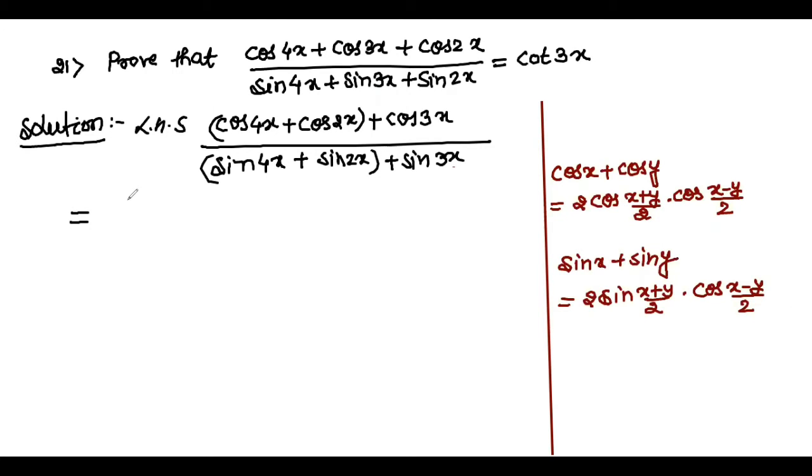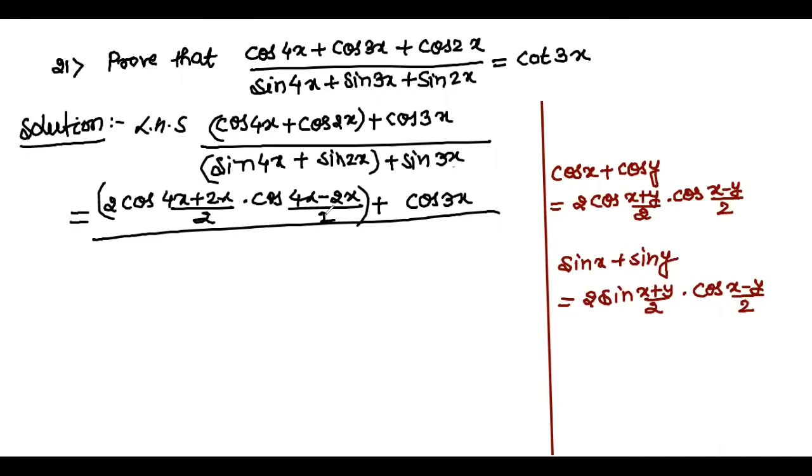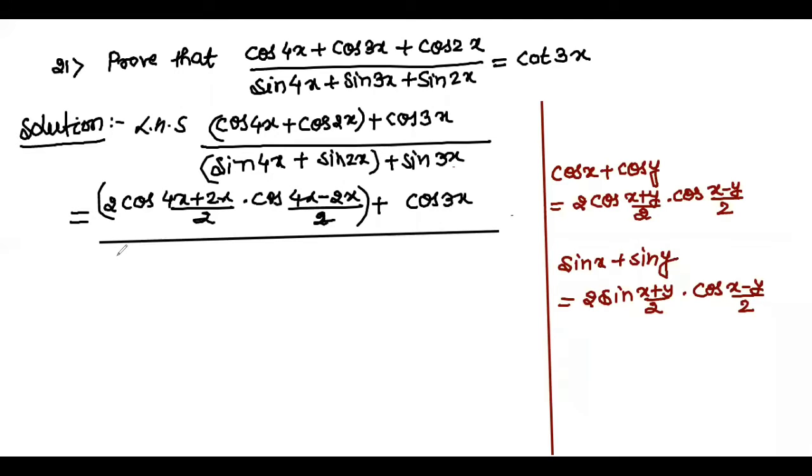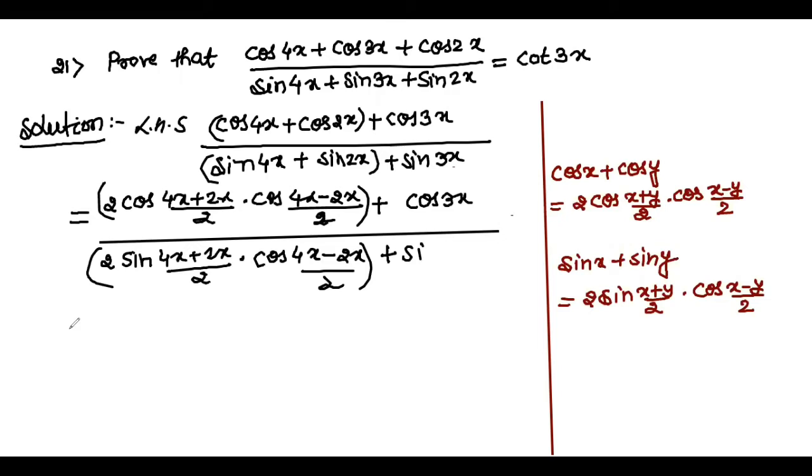So I'm applying here 2 cos((4x plus 2x) by 2) into cos((4x minus 2x) by 2) plus cos 3x, divided by, applying the sin x plus sin y formula, 2 sin((4x plus 2x) by 2) into cos((4x minus 2x) by 2) plus sin 3x.